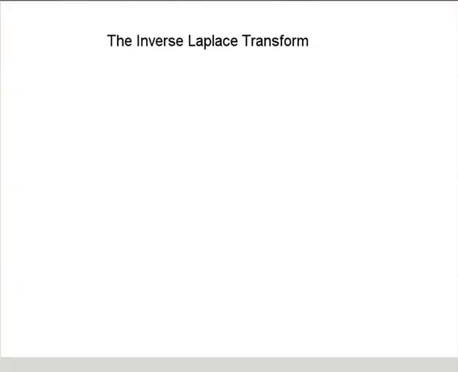In this video, I will discuss the inverse Laplace transform. So let me recall from the previous lecture that the Laplace transform can be thought of as a machine or a black box.